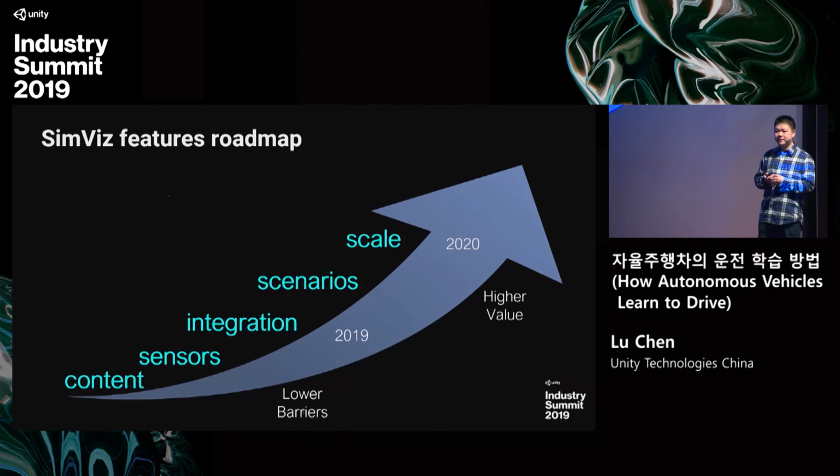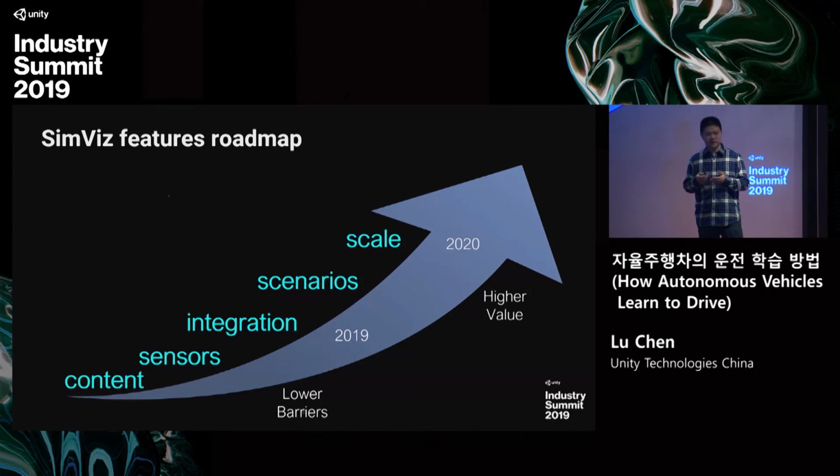So as a roadmap, SimViz will start from content, sensors, and integration, to try to lower the barriers. But we will continue developing and focus more on scenarios, to solve the scenario generation and scale problem, which will be higher value for the industry.